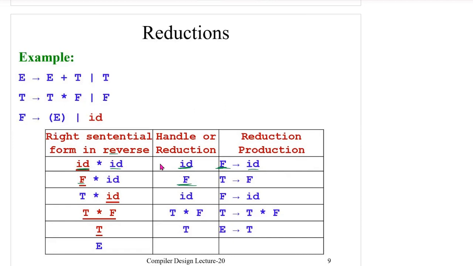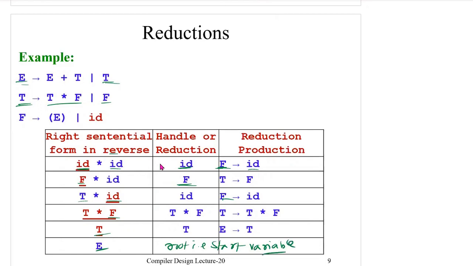Now F is substituted with, here you can say T derives F. So F is substituted with T. Now T into id. So the next handle is id. Now id is substituted with F. Now T into F. Why we are substituting like this: we need to derive its root. That is the process in bottom-up parsing. Now T into F is substituted with the left-hand side header T. Now again T is substituted with its left-hand side header E. Now here you can see E is the root, that is the start variable.